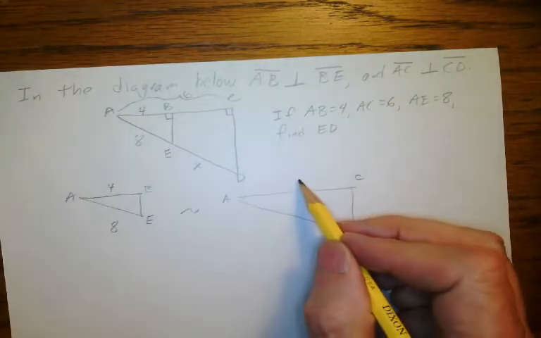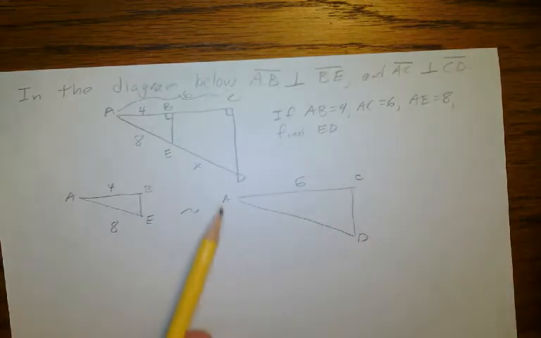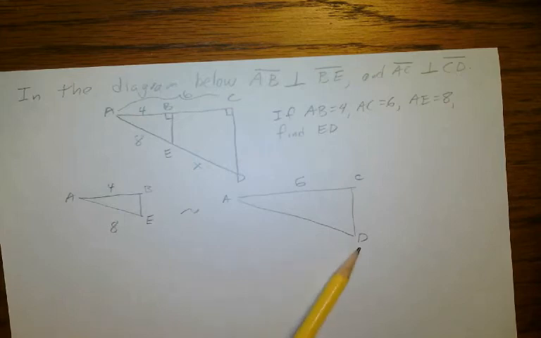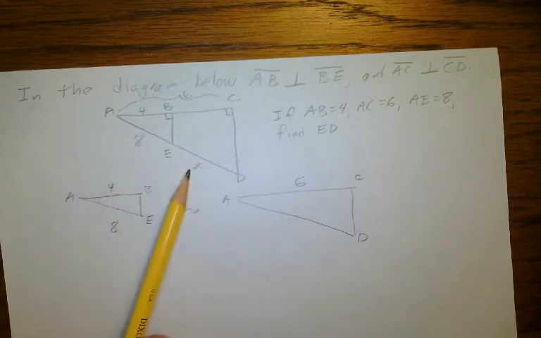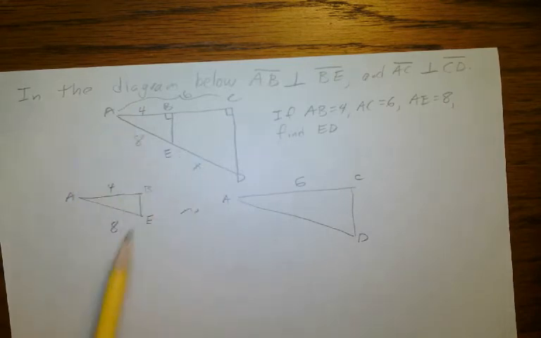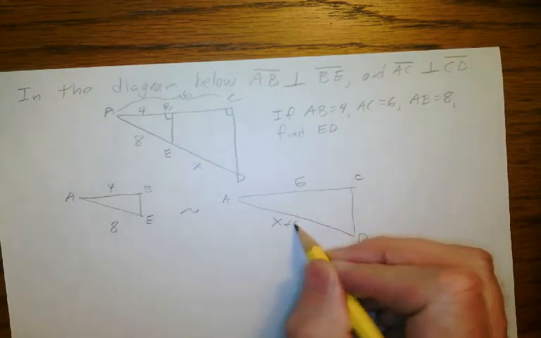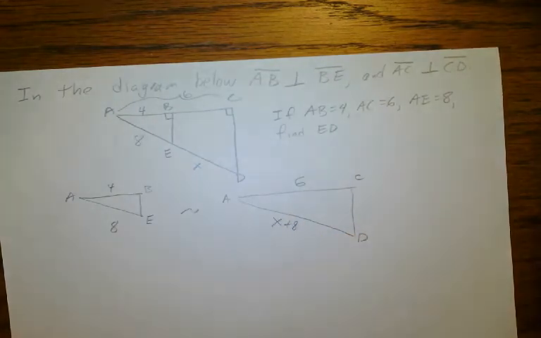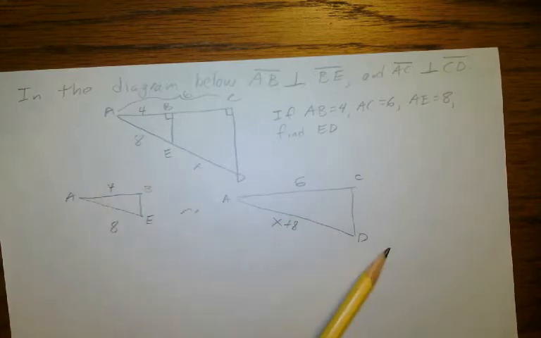This side is 6. Now, it doesn't tell us what AD is, but we know this piece is 8 and this piece is X. So together, if I add the 8 and the X, I'm going to get AD. So I can put X plus 8 or 8 plus X. I just like to put the X first. You see how we got that? 8 and X becomes X plus 8 for the whole thing.